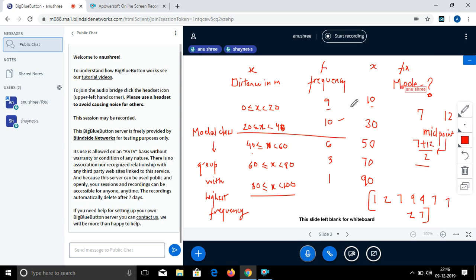So what is 9 multiplied by 10? 90, yes. For the next, 10 multiplied by 30: 300, yes. For the next row, 6 into 50.